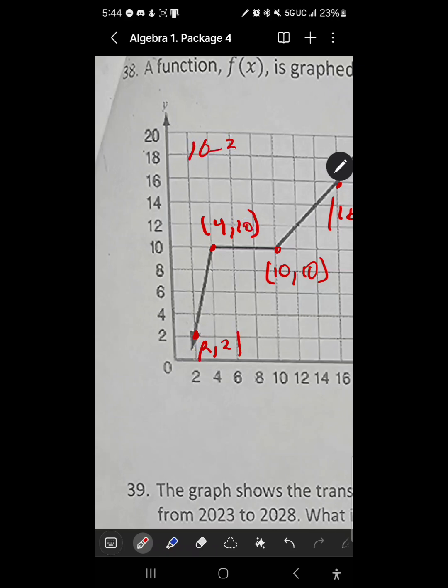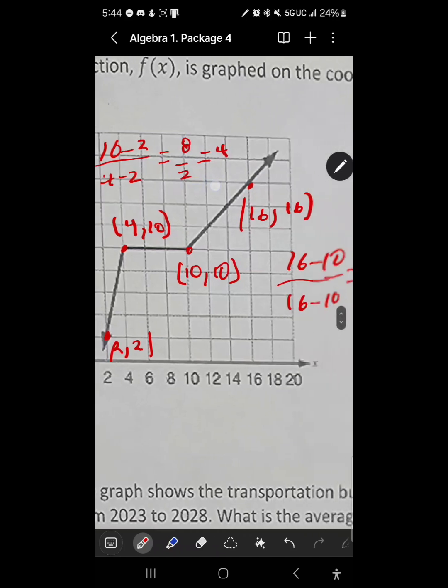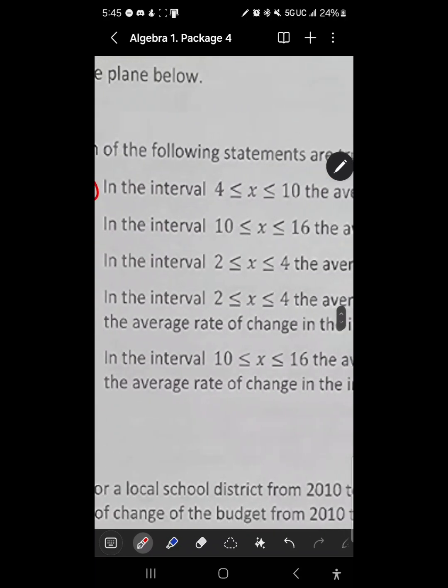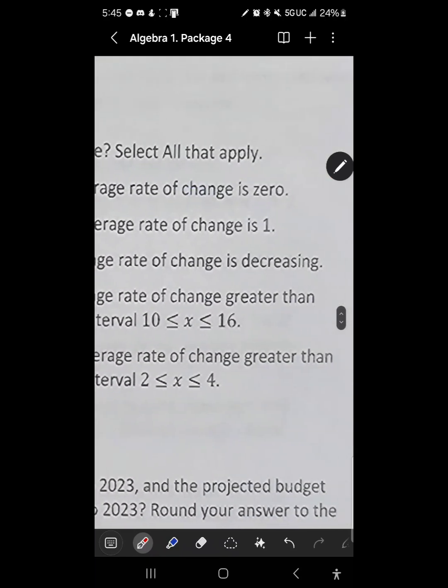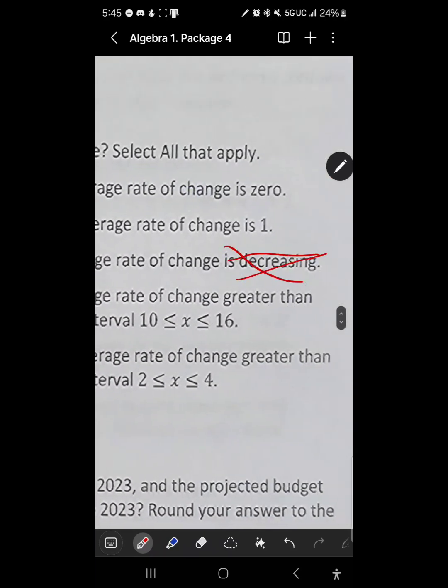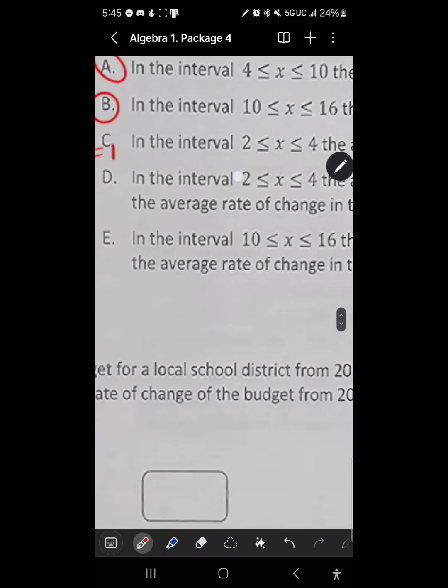So 10 minus 2 over 4 minus 2. So this is 5 over 2. Oh, wait. 8 over 2. I'm sorry about that. Which is 4. And it is positive. It is positive 4. So this is not true. It is increasing, not decreasing.